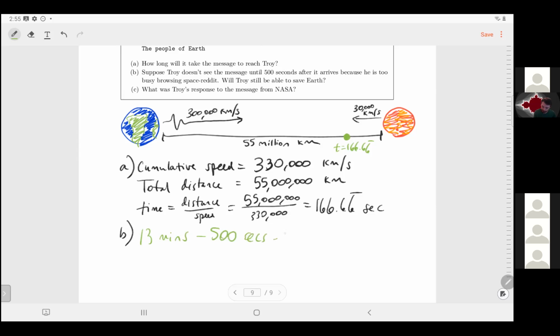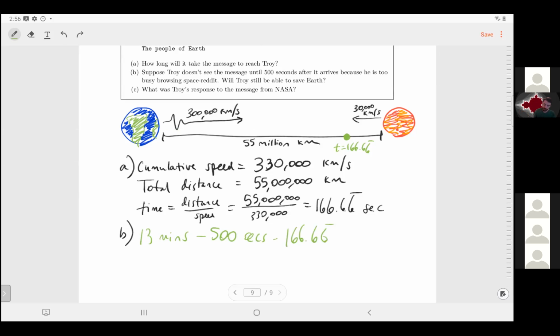And I also have to subtract the 166.66 repeating seconds that it took the message to send, right? Because they sent it and they were like, we have 13 minutes starting now, but then 166 seconds passed.